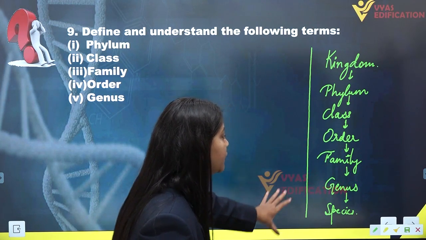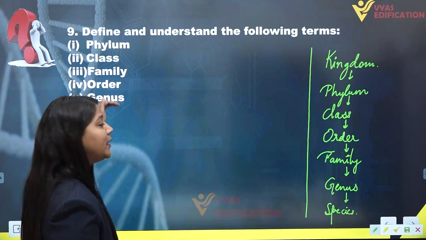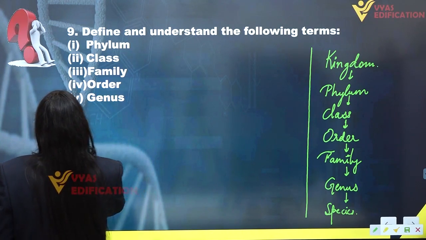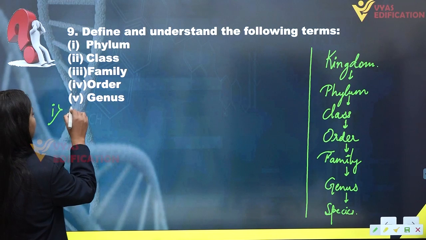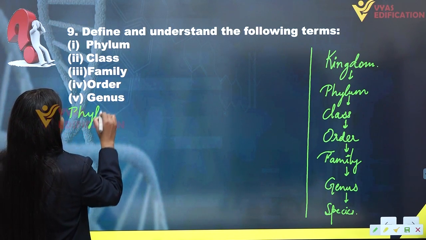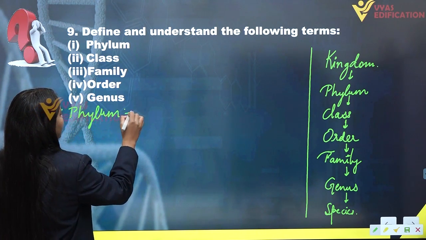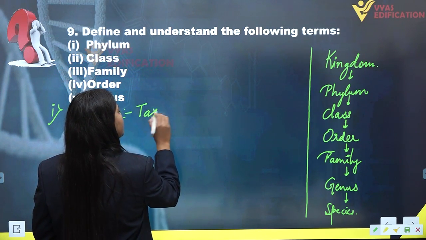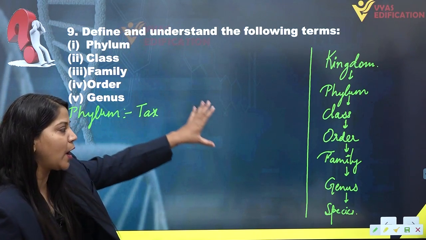Now, according to this, we can actually define all these terms. If we write the first one, that is phylum, we can write that it is a taxonomic group. As you can see, this is a part of taxonomy.